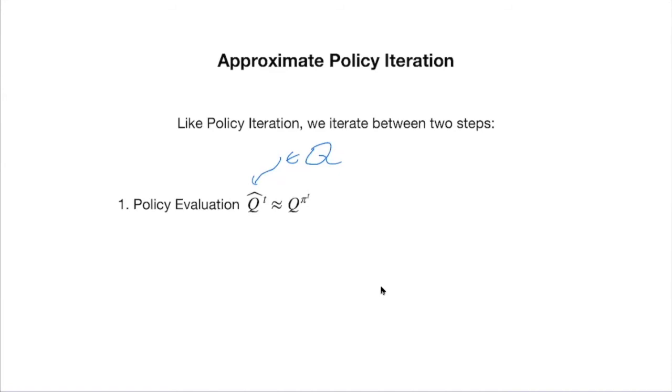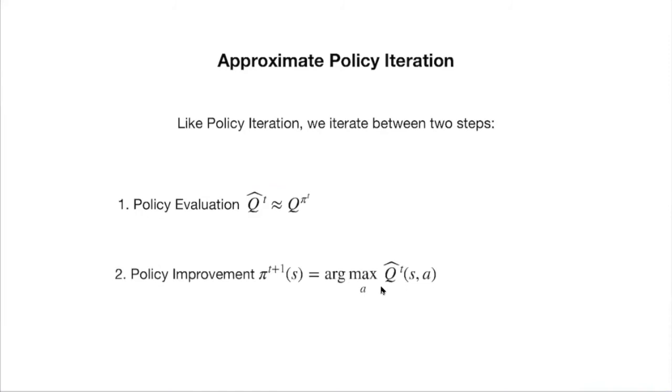So we can only hope that we find some function approximator Q hat that approximates Q pi t. If we believe that this approximator is good enough, let's just follow the policy improvement step that we had in policy iteration. Let's just be greedy with respect to our estimator Q hat.